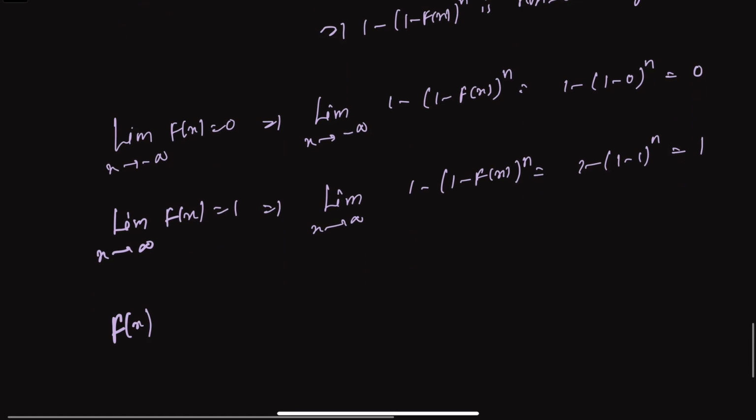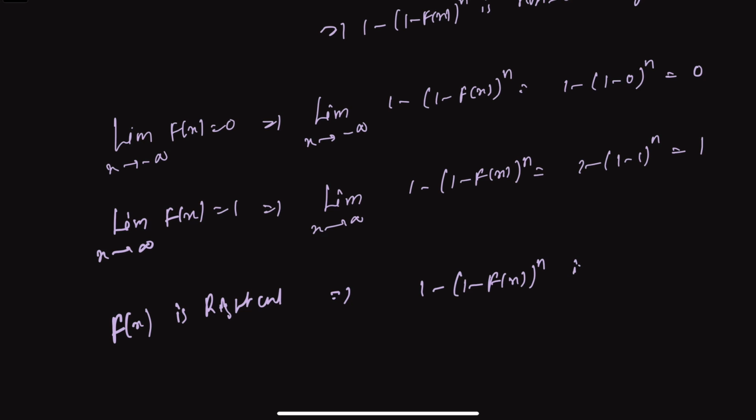And lastly, F of x is right continuous, and x to the power of n is continuous, and 1 minus x whole to the power of n is also continuous. So that means 1 minus (1 minus F of x) whole to the power of n will also be right continuous.